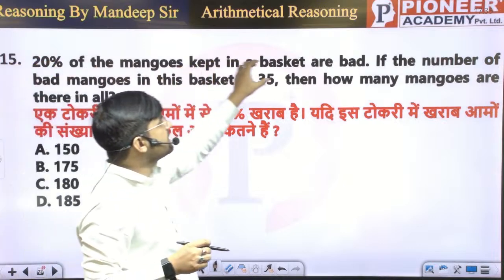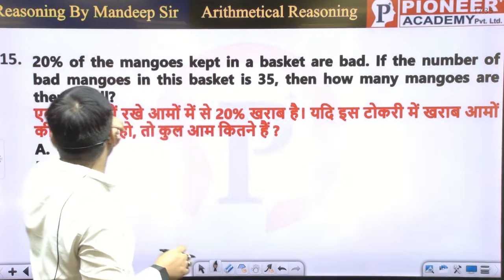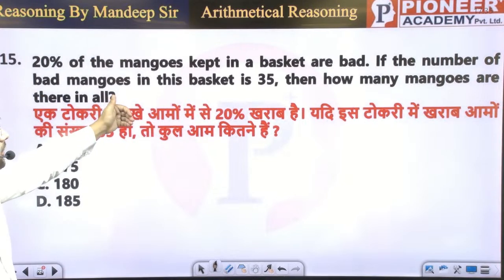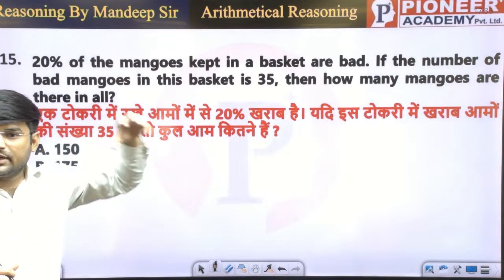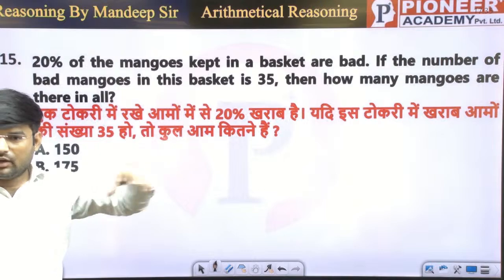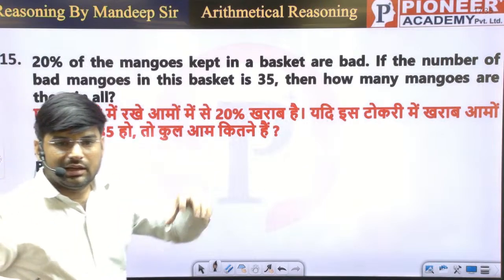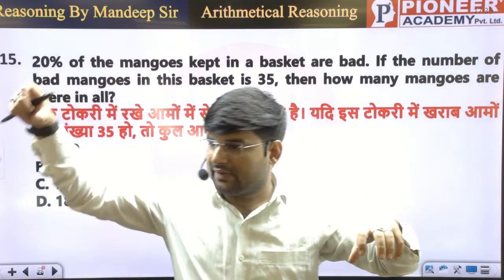20% of the mangoes kept in a basket are bad. If the number of bad mangoes in the basket is 35, then 20% and 35 are equal. 20% are bad and 35 are bad.